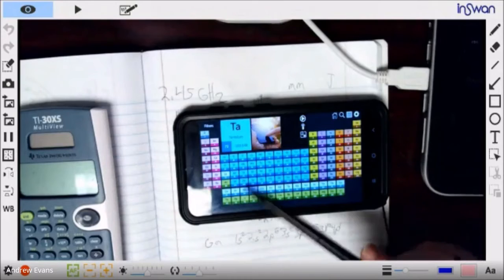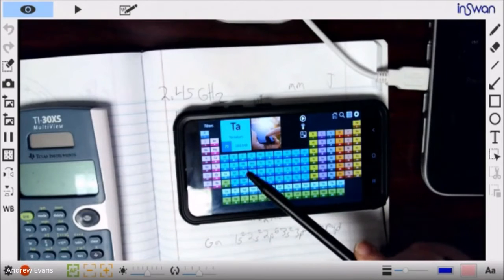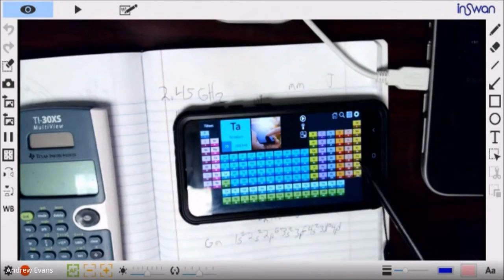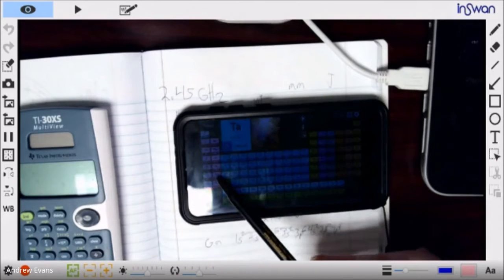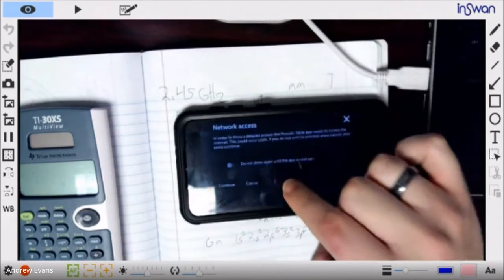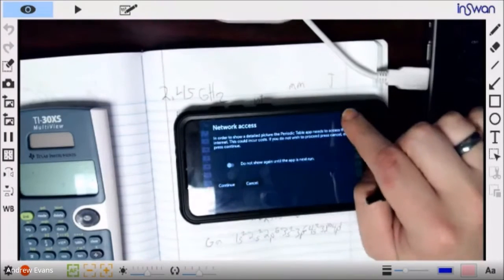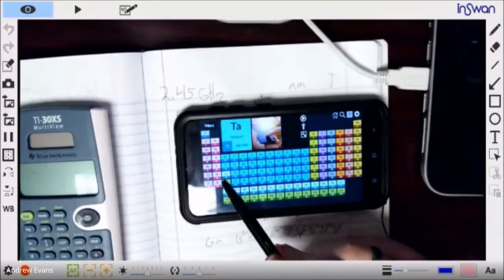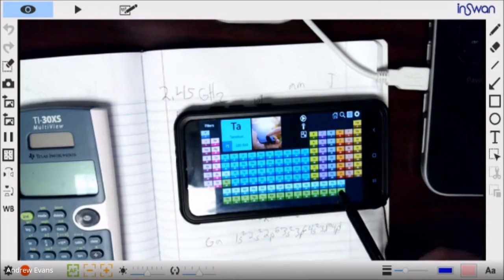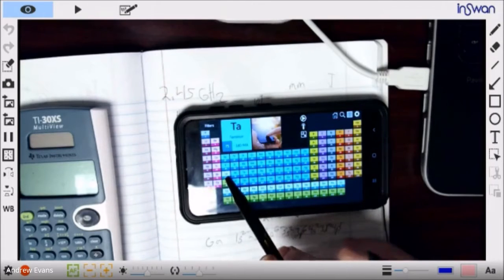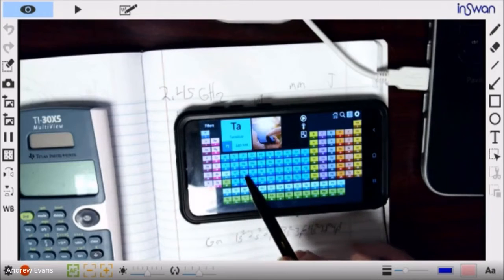So starting from xenon would be 6s2. And then it's weird because it jumps directly into the f orbitals. 4f14, and then it goes 5d 1, 2, 3.